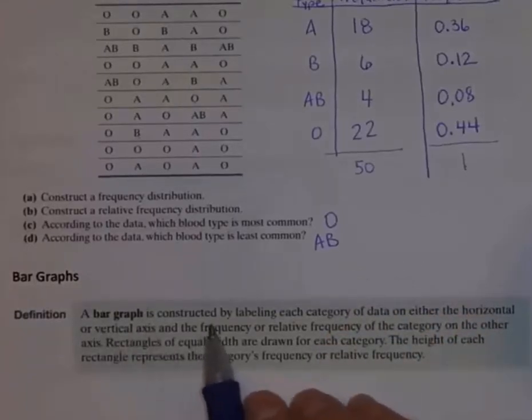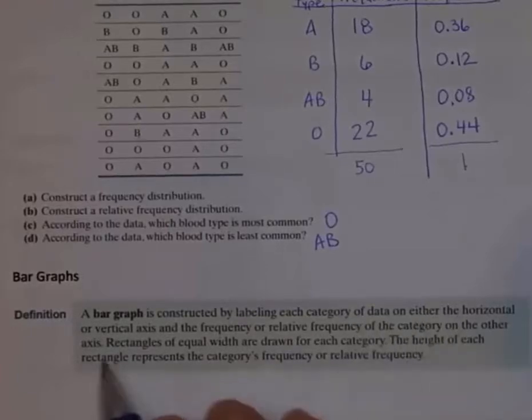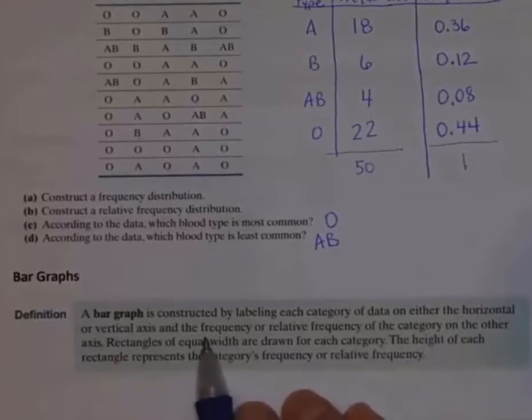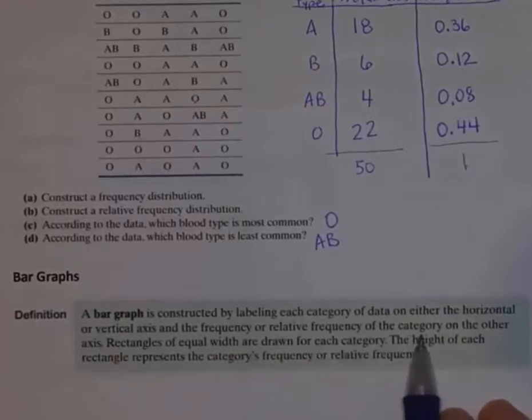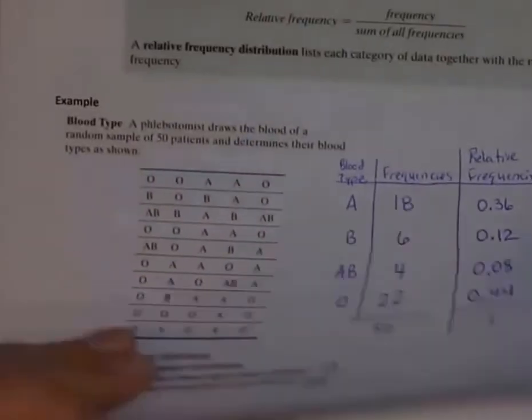A bar graph is constructed by labeling each category of data on either the horizontal or vertical axis, and either the frequency or relative frequency of the category on the other axis. Rectangles of equal width are drawn for each category. The height of each rectangle represents the category's frequency or relative frequency.